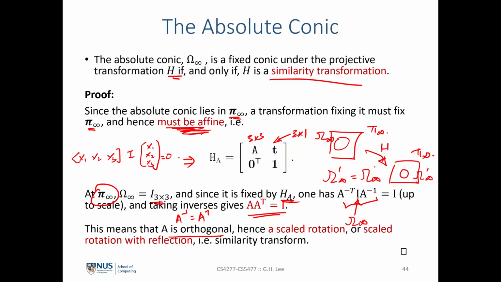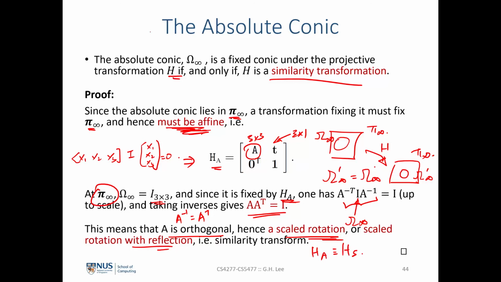Hence, A must be a scaled rotation, since the scale doesn't matter here, possibly with reflection. As a result, we prove that this affine matrix A must be a scaled rotation.